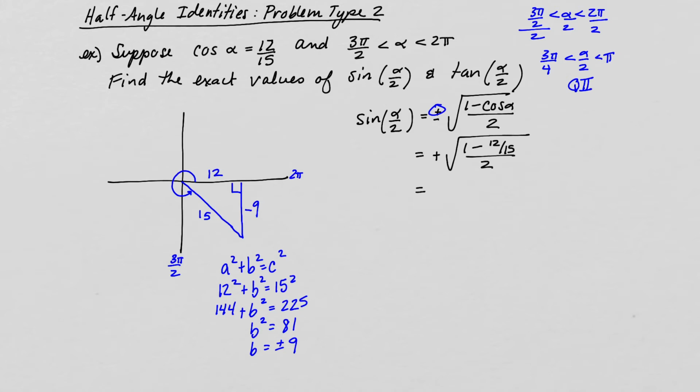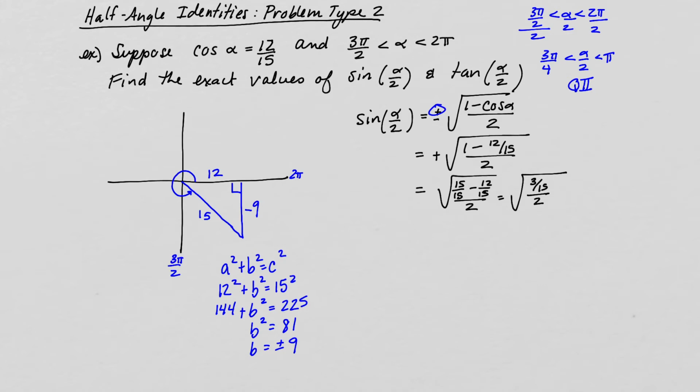If I work that out, it's the square root of 15 over 15 minus 12 over 15 all over 2, which ends up being the square root of 3 over 15 all over 2.